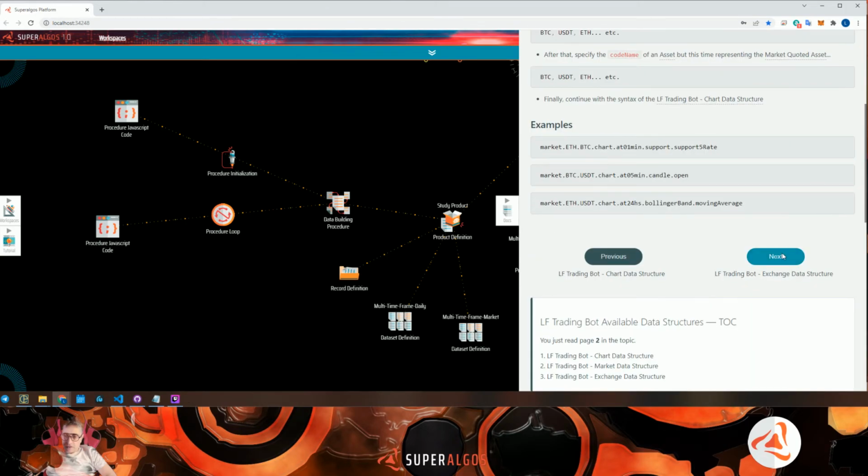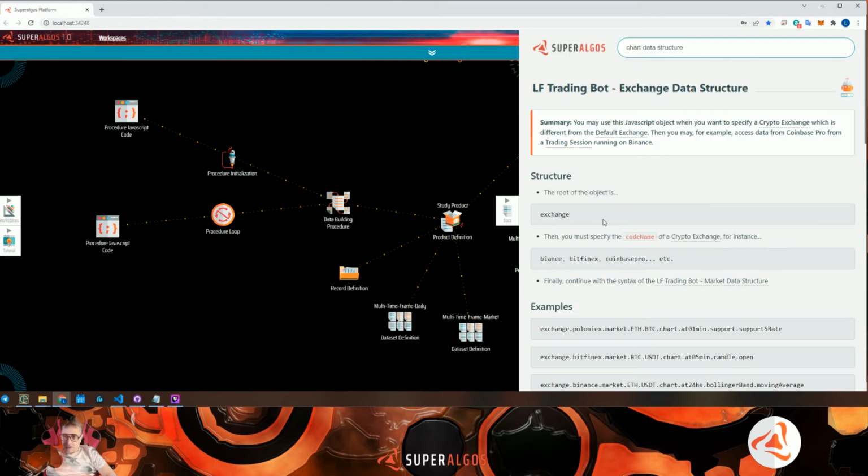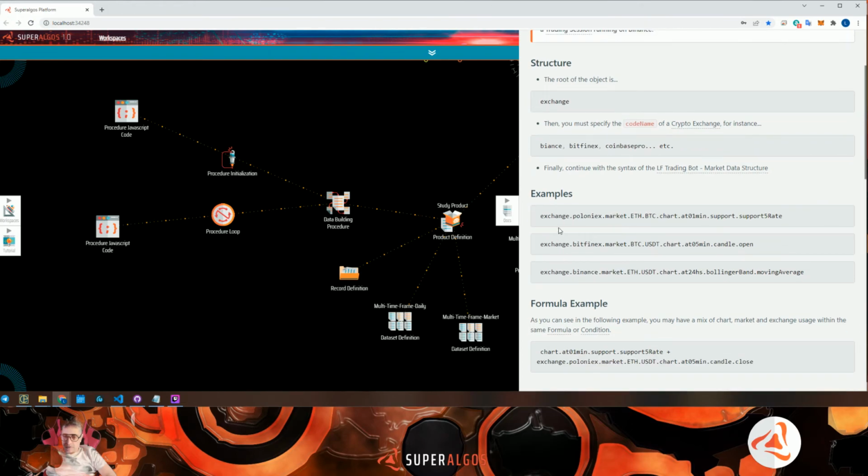And finally, you can also use exchange data structure, where you write things like this: exchange at Poloniex at market, Ethereum Bitcoin, chart, 0 1 minute, support, whatever. So you can be accessing a specific property of a specific indicator at a certain chart, from a certain market at a certain exchange.